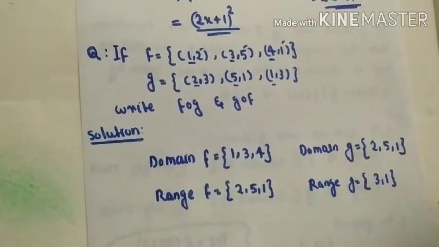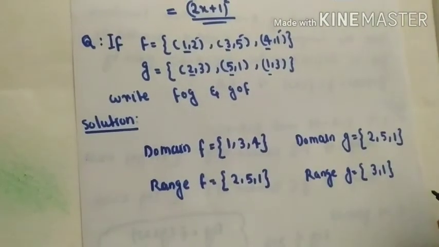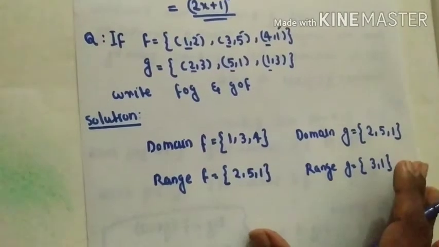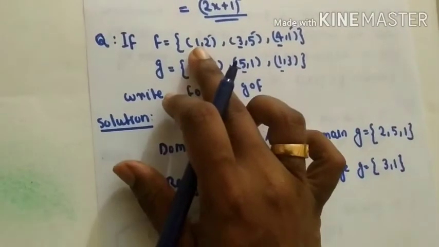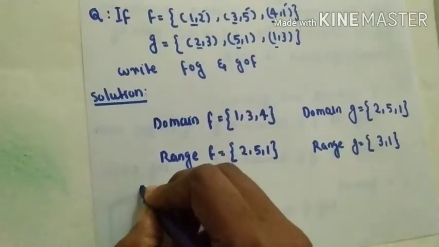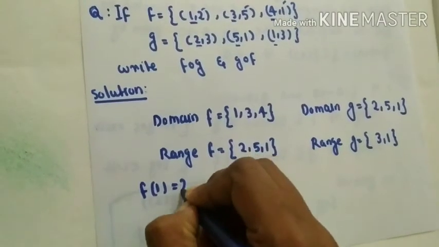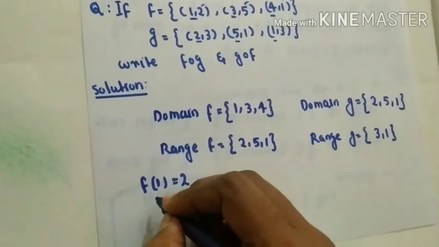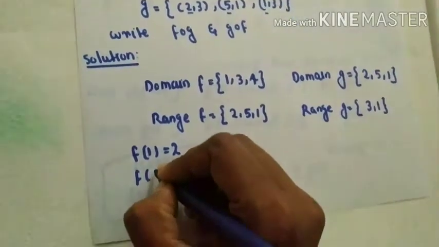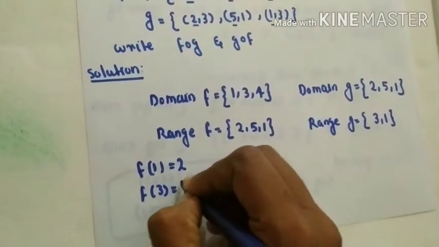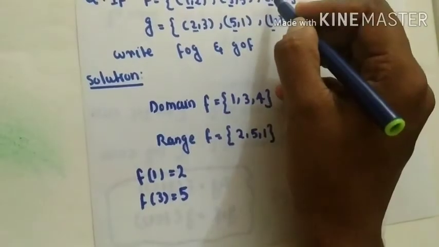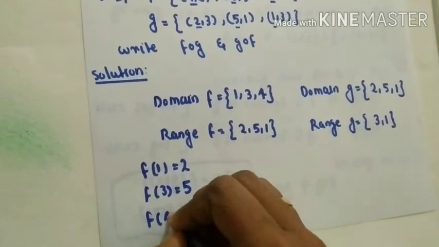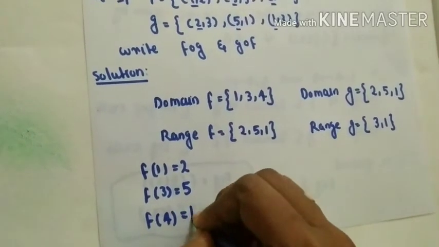Okay. So, if we write the function f in function form, we get f of 1 equal to 2, f of 3 equal to 5, and the last one is f of 4 equal to 1.